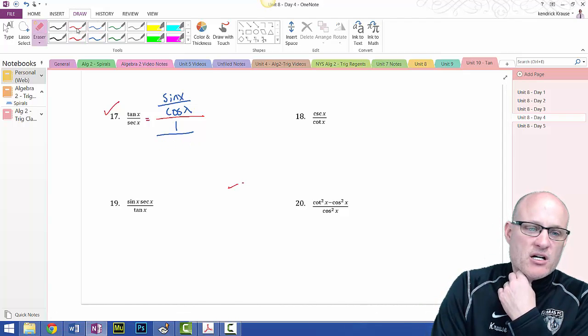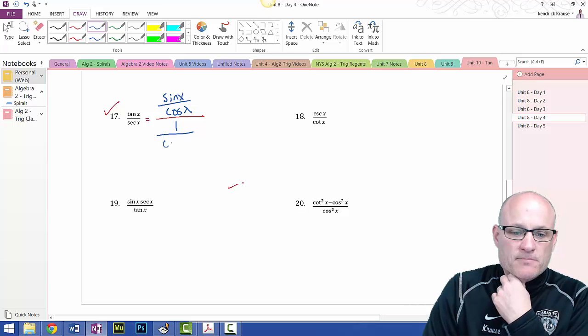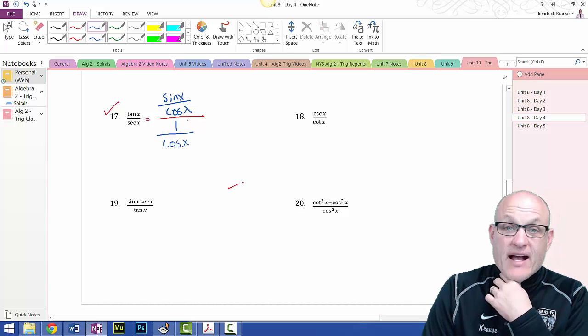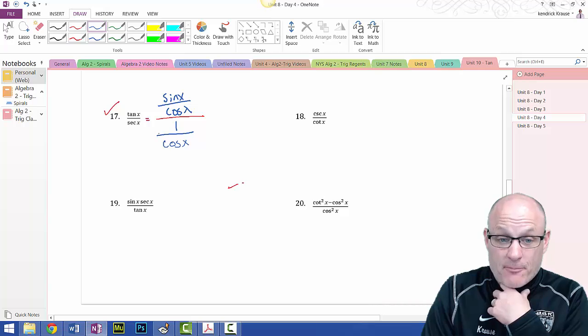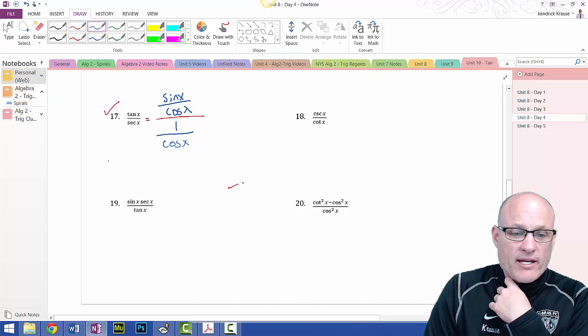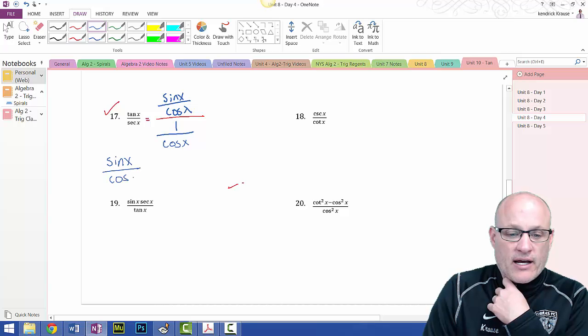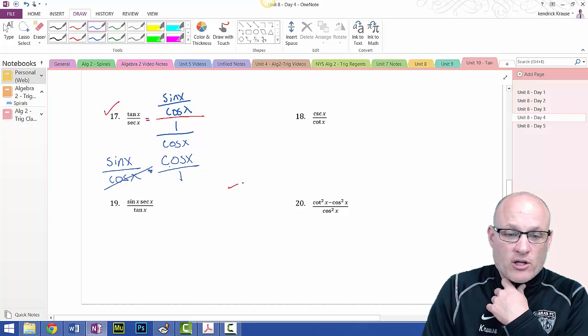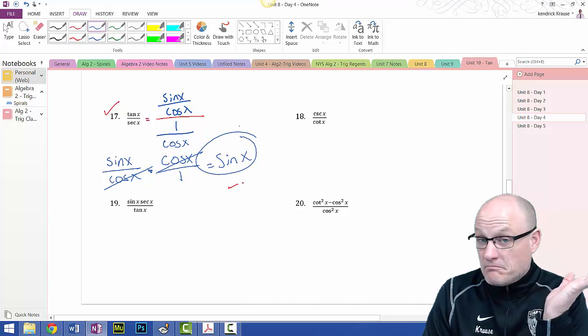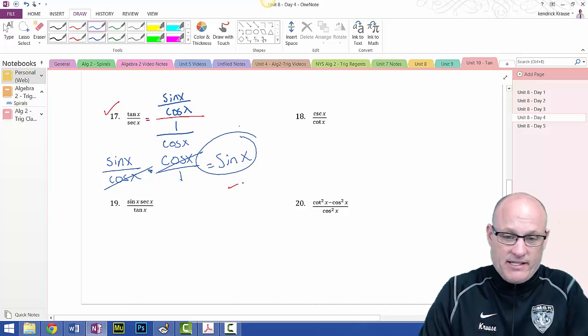When you have a fraction divided by a fraction, we flip and multiply. So what we end up with is sine x over cosine x times cosine x over 1. The cosine x's cancel, and I'm left with sine x. Not bad.